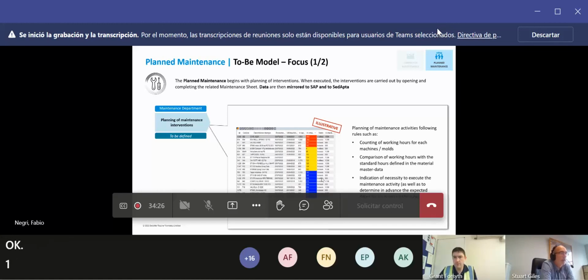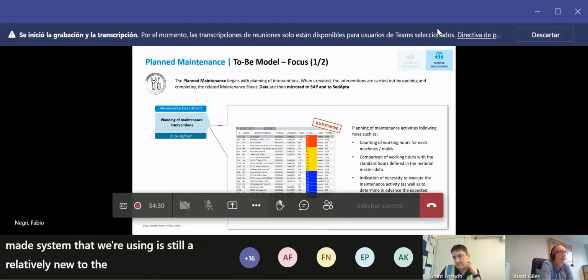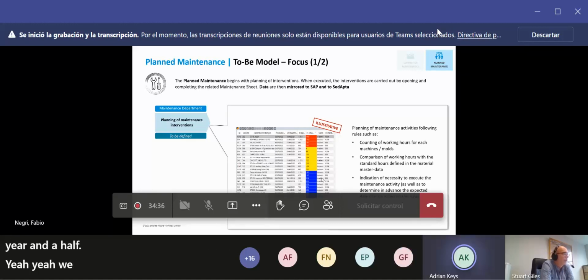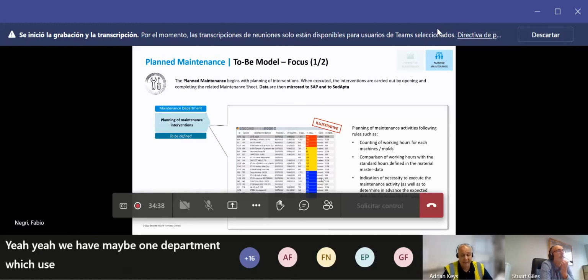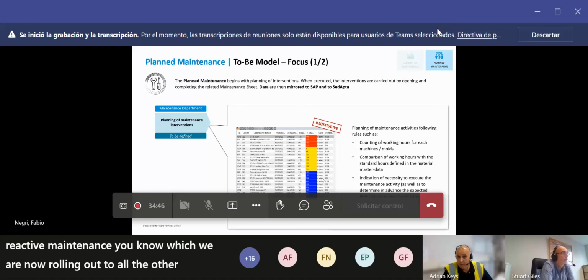I think it's fair to say that the WorkMate system that we're using is still relatively new to the business, just over a year, maybe a year and a half. We have one department which uses it for servicing and breakdowns, reactive maintenance, which we are now rolling out to the other 3 departments.